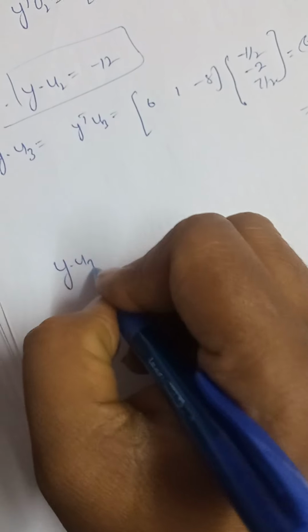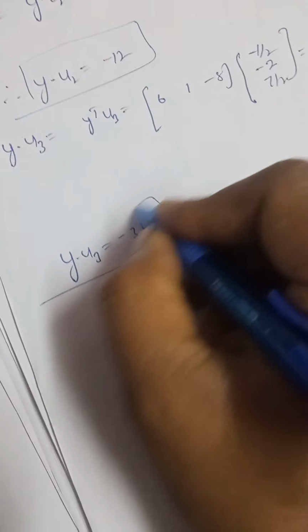On LCM, what we are getting? 2 minus 6 minus 4 minus 56, that is 66 by 2, with minus sign, that is minus 33. Therefore y dot u3 is equal to minus 33.